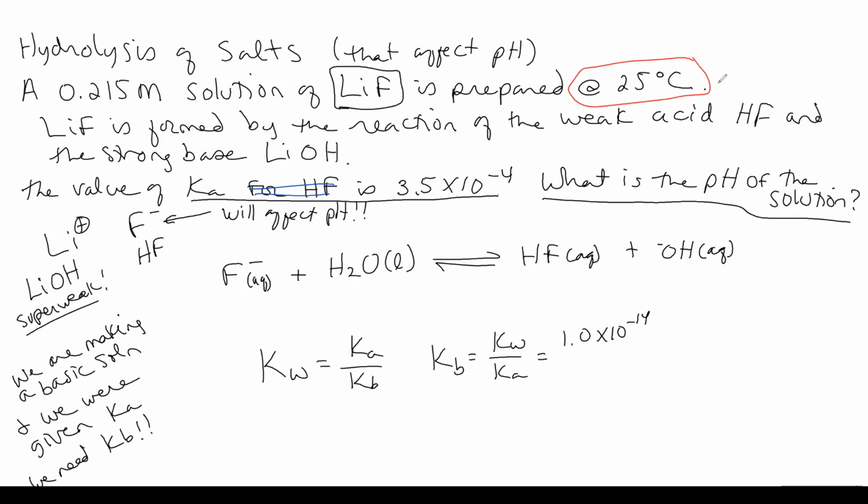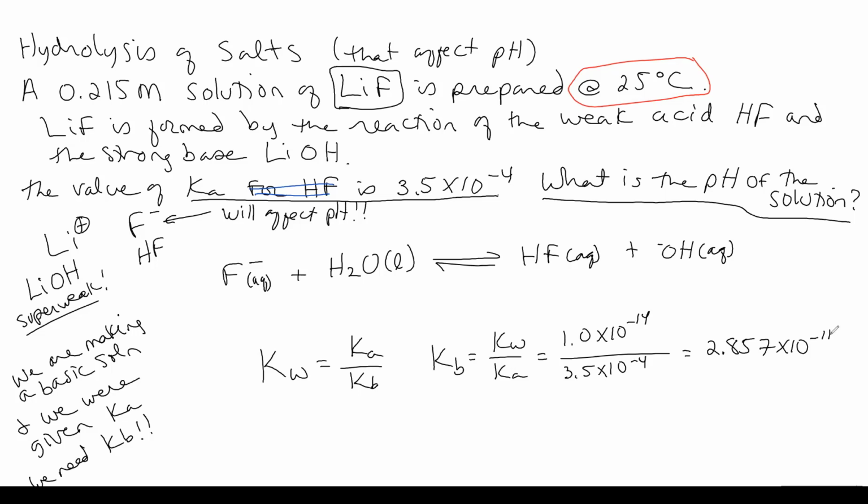Then 3.5 times 10 to the negative 4, because we were given that Ka value. And we can calculate Kb as 2.857 times 10 to the negative 11. All right, so that's good. So now we have Kb.